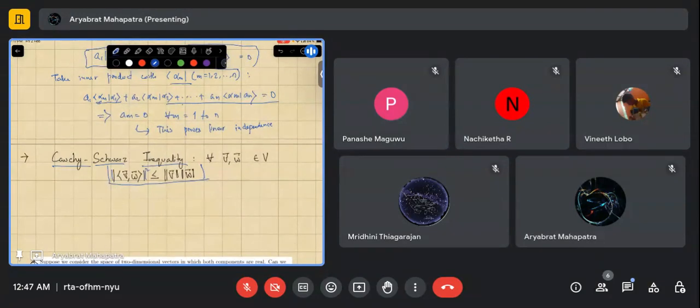So yeah, this is the statement. Otherwise, people also interpret this statement as the triangle law.